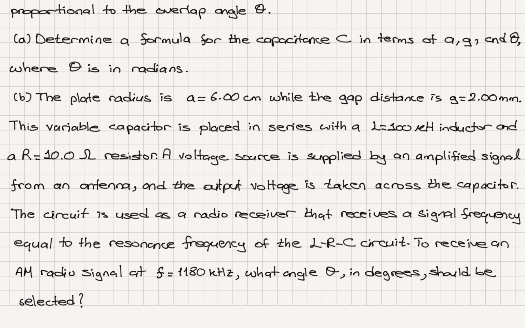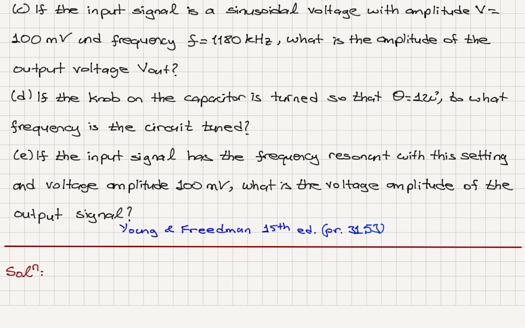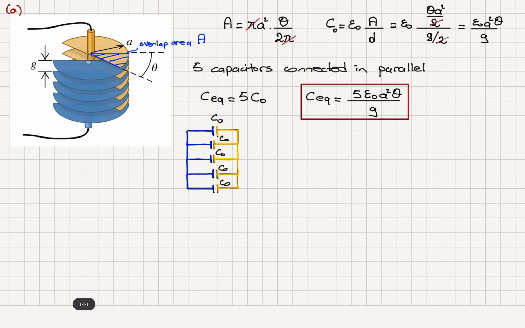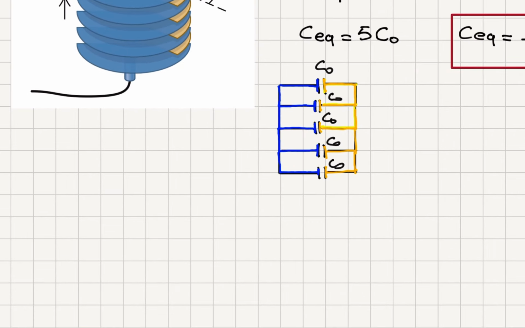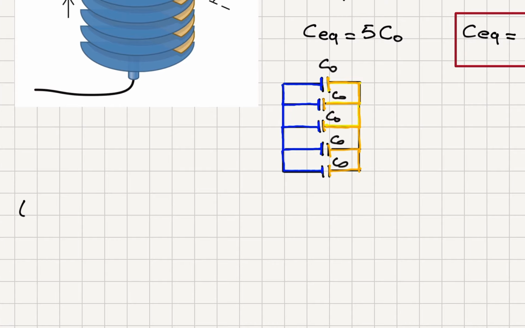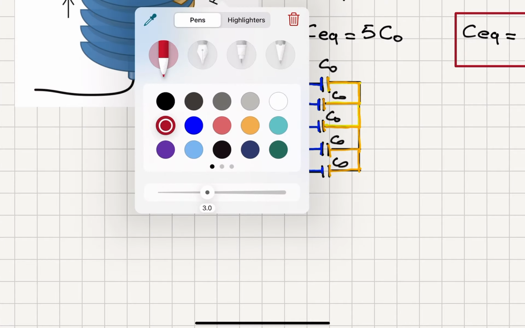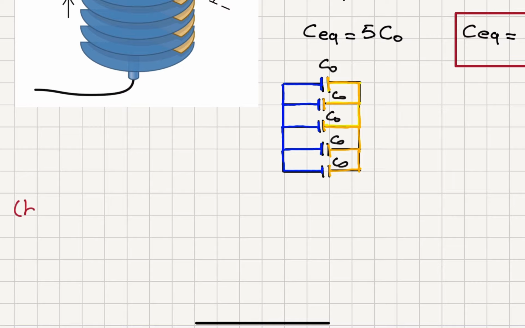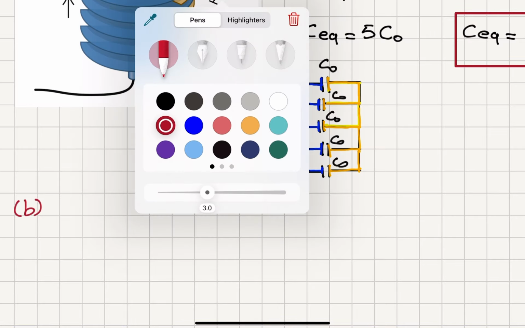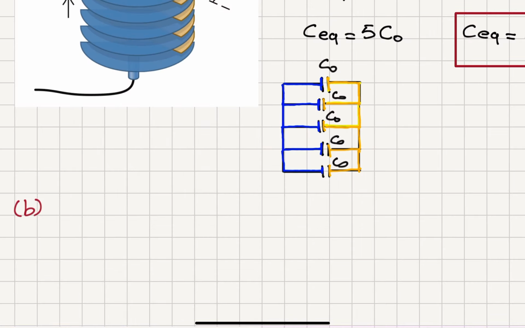To receive an AM radio signal of frequency 1180 kHz, what angle theta in degrees should be selected? Okay, now for part B, we have the radius given.